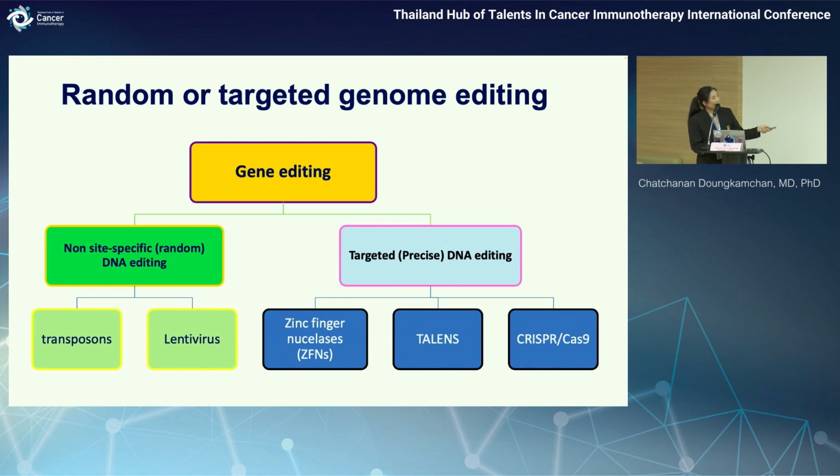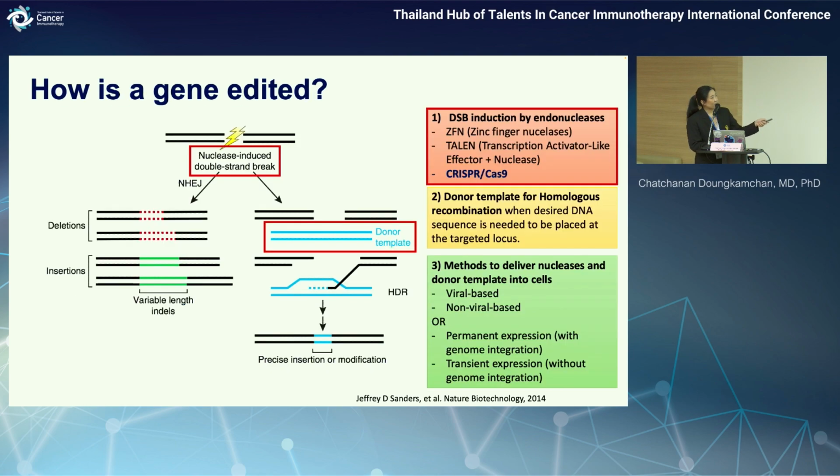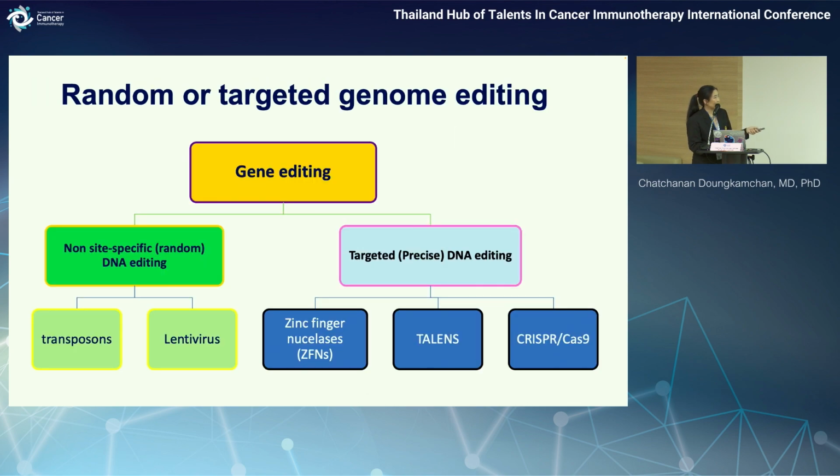All right, so I would like to focus on the first one, which is the method to induce the double-stranded break. Some of the methods that were mentioned previously, such as transposon and lentivirus, can cause gene editing, but in a non-site-specific manner.